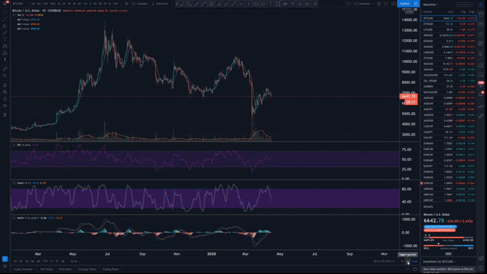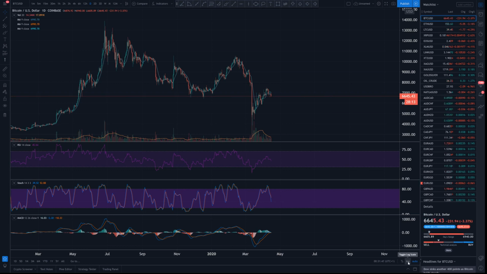I very seldom go into log mode or logarithmic mode unless I need to go back and see some fine detail back when Bitcoin was under $500.